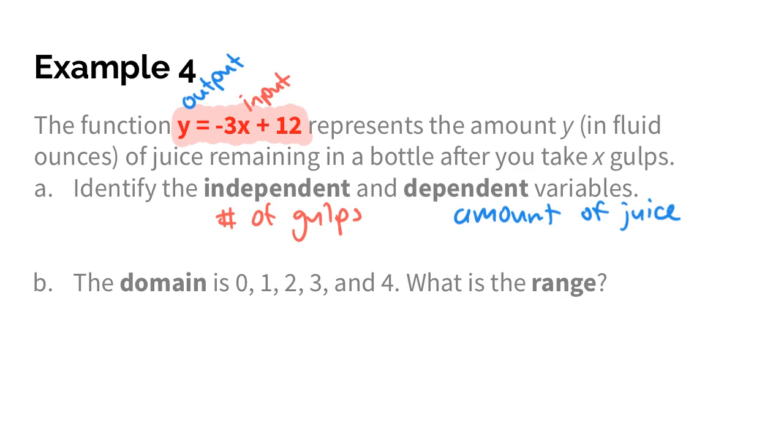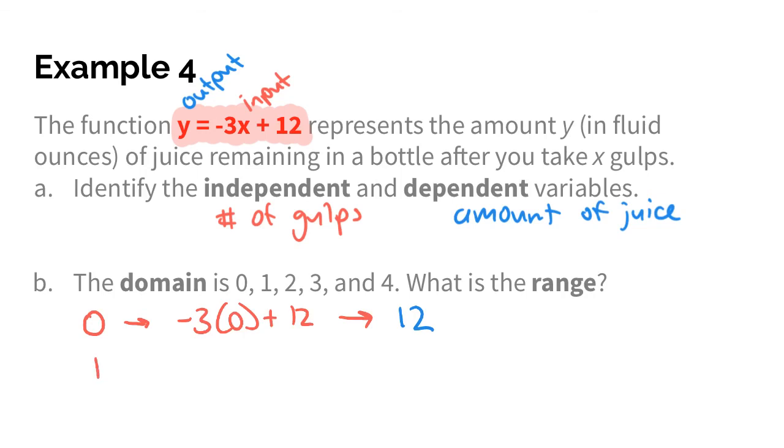So let's take, for example, an input of 0. I'm going to take that and plug it into my relation. So it says here negative 3 times 0 plus 12, and that's going to give me a y value equal to 12. So if I take no gulps, there's 12 ounces of juice left over.